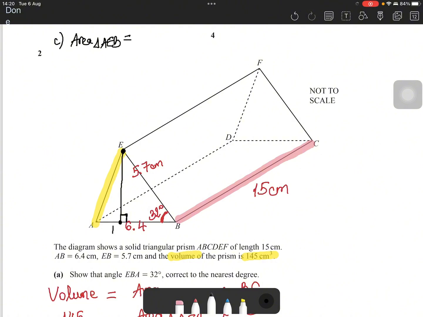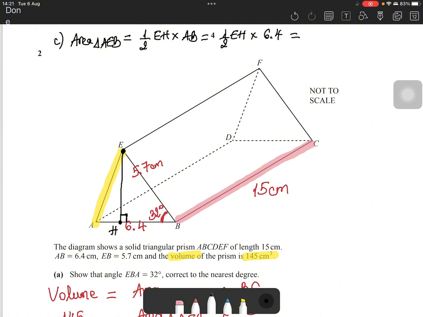I will call this one H. It can be calculated as 1/2 of EH multiplied by AB, 1/2 of the base times the height, and AB is 6.4.